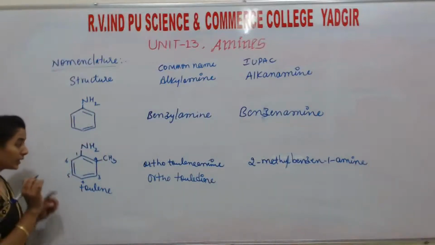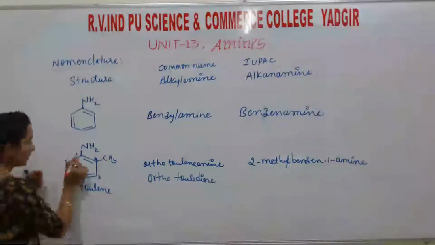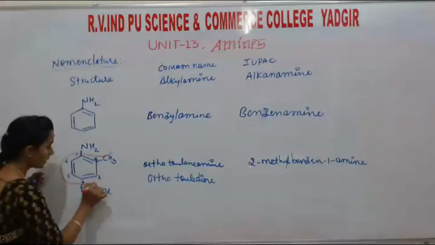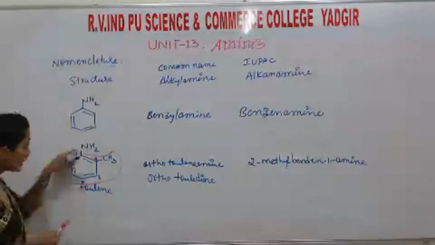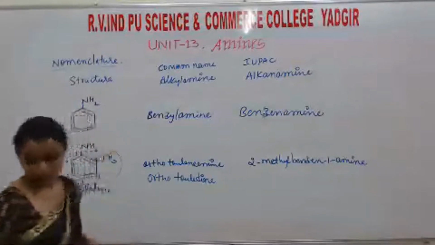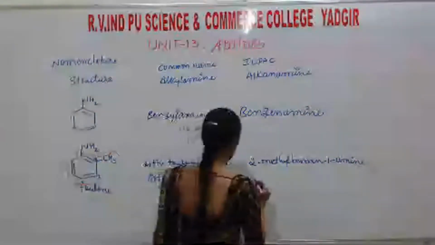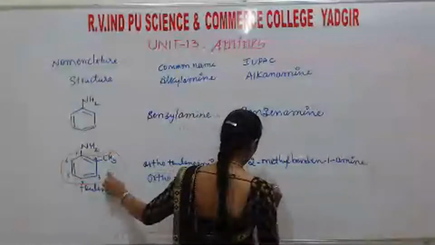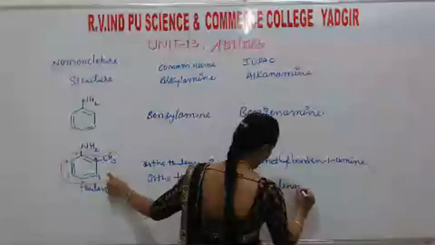Okay, this is one thing. Instead of that, if we consider this group as a complete alkyl group or aryl group, at which position is the NH2? First position. So you may write it as toluene amine.